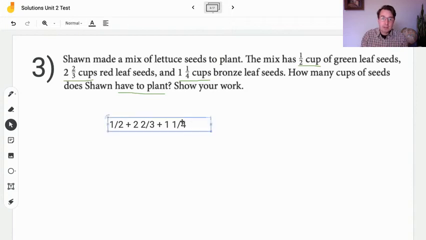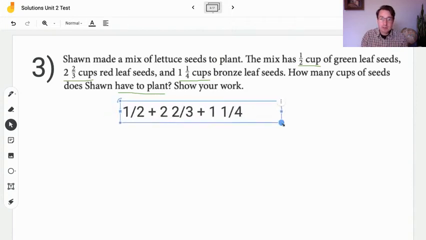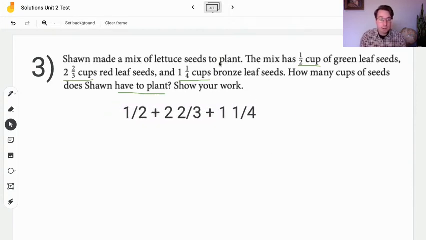Now, before I continue, I often mention to you the answer sentence. When you're working through a story problem, it's important to take a step back and say, what is this question asking? Well, this question wants to know how many cups of seeds does Shawn have to plant? So a really good strategy is at the very beginning, before you even do the question, you write out your answer sentence.